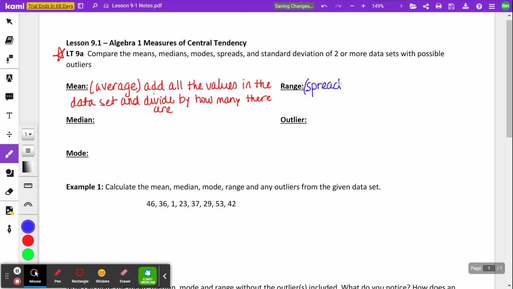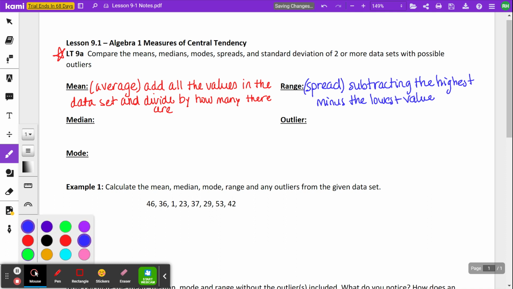Okay, so this is talking about how much spread there is between the lowest and the highest values in your set, and you do this by subtracting the highest minus the lowest value.